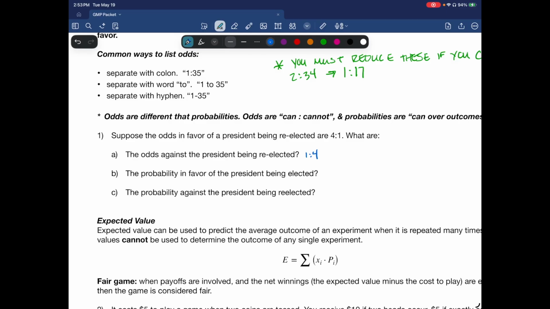Okay, now the probability in favor of the president being elected. All right, remember, odds are can versus cannot, and probability is can over outcomes. So to get the outcomes, you add these numbers up, you get 5. So what are the chances that he can be elected? 4. So that would be 4 over 5.